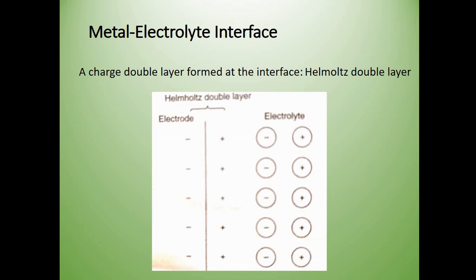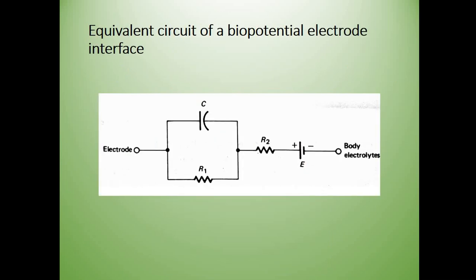Therefore, the metal electrolyte interface appears to consist of a voltage source in series with a parallel combination of a capacitance and a reaction resistance. The voltage that is thus developed is called a half cell potential. So this is the representation of the electrode electrolyte interface.